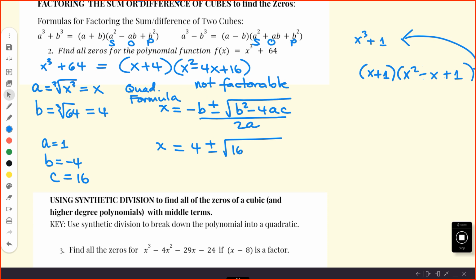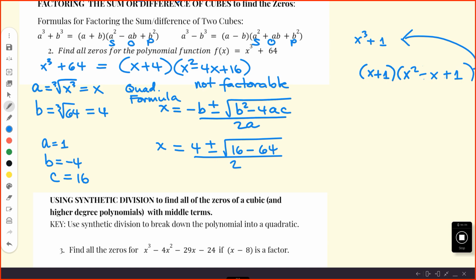I just take the square of b. b is -4. And then -4 times a times c. So -4 times a, which is 1, so that's -4. Times c, so -4 times 16. Okay, -64. All over twice a. We know a is 1, so twice a is 2.